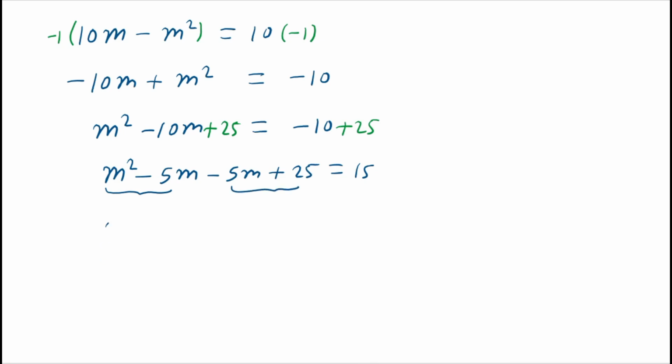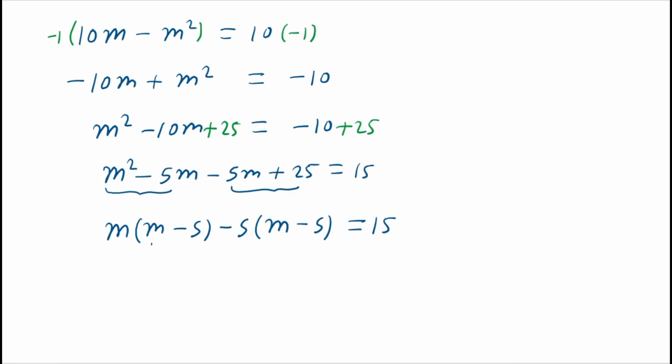If we take common m in the first two terms, then m square divided by m gives m, minus 5m divided by m gives minus 5. And look carefully here, if we take common minus 5, then minus 5m divided by minus 5 gives m, and 25 divided by minus 5 gives minus 5, and this is equal to 15.